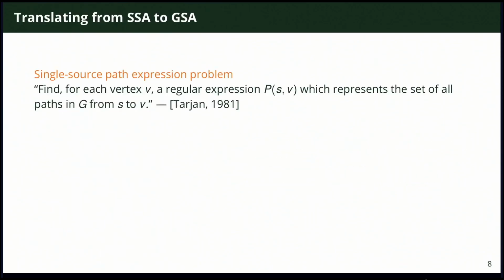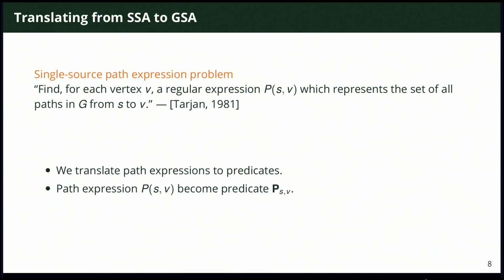So the main way we generate these predicates is using this single source Tarjan's algorithm as a solution to the single source path extraction problem. And so what this problem says is that for every vertex v in a graph G, we want to find a regular expression which characterizes the path from a source S to all the v's in the graph.